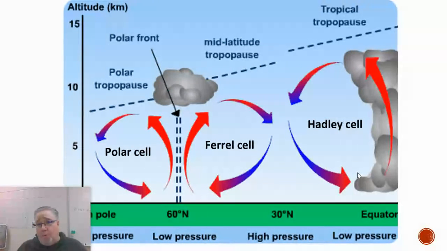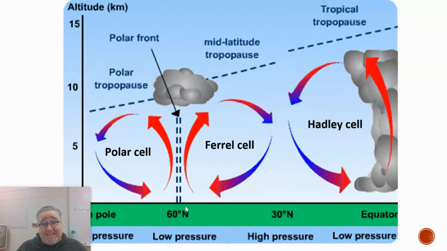there are more than just Hadley cells. For example, here's the equator. Here you have 30 north, here we have 60 north, and here we have the North Pole, right? So again, here's a Hadley cell here, happening between the equator and 30 north. There would be another one on the other side.